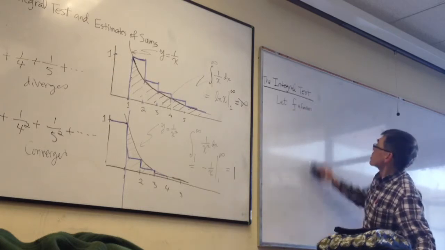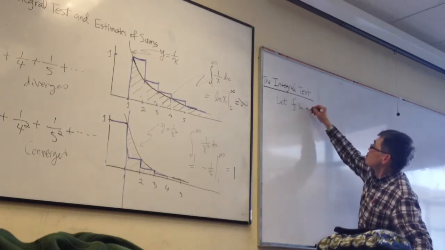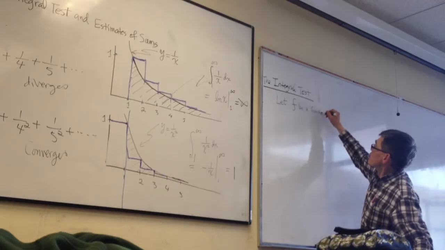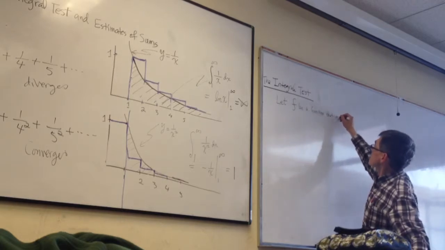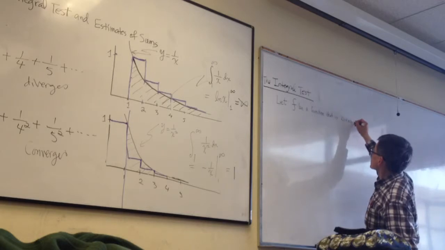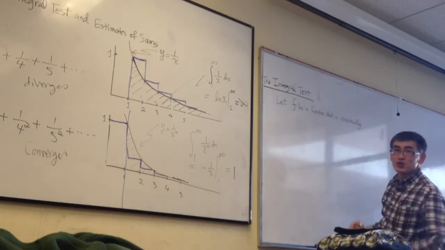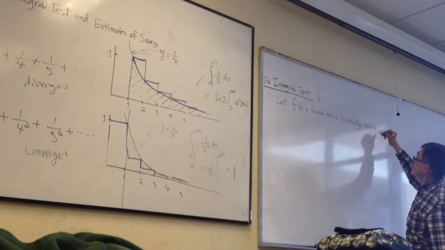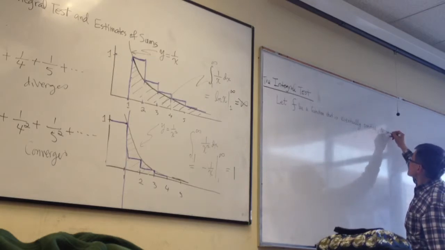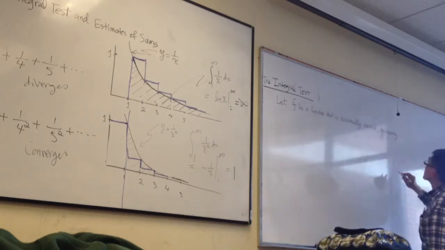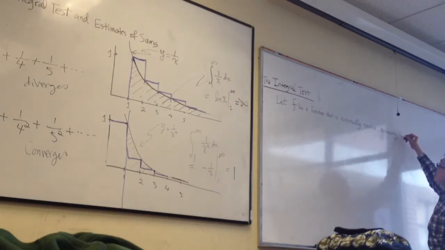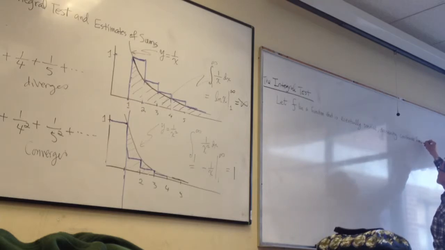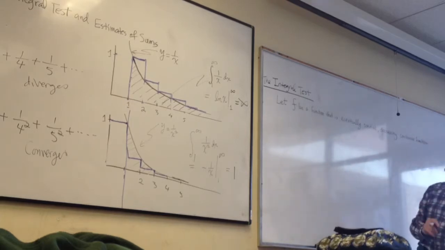Let f be a function that is, add this word, eventually, we used that word before for the spring break, eventually positive, decreasing, continuous function. So it's a continuous function that is eventually positive and decreasing.